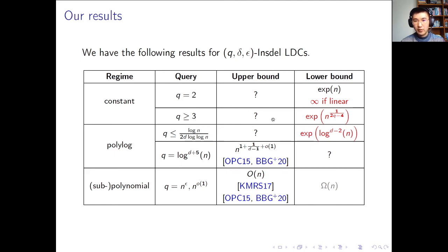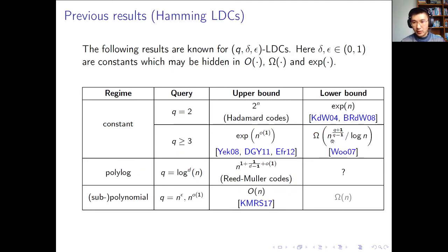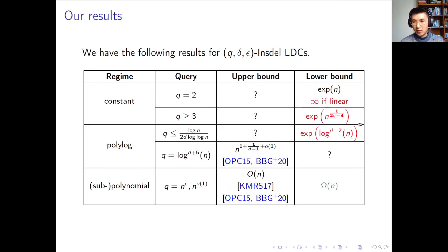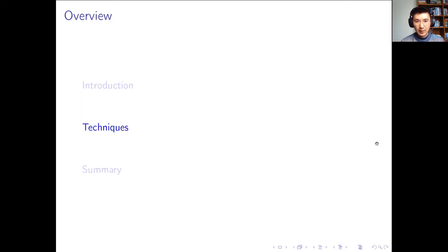And for general q, we also prove an exponential lower bound, exponential in n to the 1 over 2q minus 4. Compared to the slightly super linear bound here, that's an exponential improvement. In the polylog regime, we also prove a super polynomial lower bound when q is something like log n over 2d log log n. Okay, so that's our results.